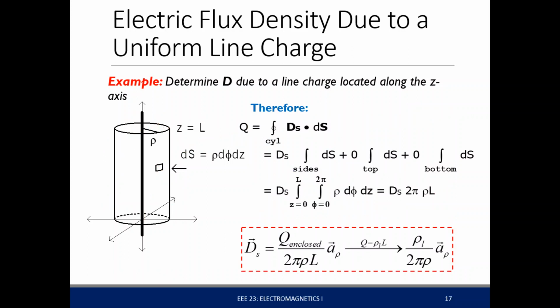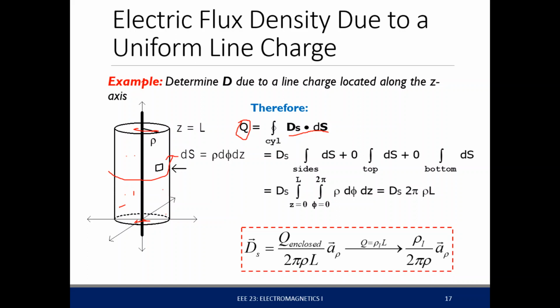Invoking Gauss' law, the charge enclosed is equal to the closed surface integral of your flux density dotted to the differential surface. The differential surface has three parts: the top, the bottom, and the sides. Alright? So evaluating that, knowing that D is constant all throughout this Gaussian surface, we get the integral of D dS on the sides plus 0 times the integral of dS on the top.